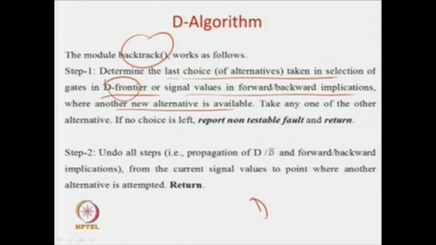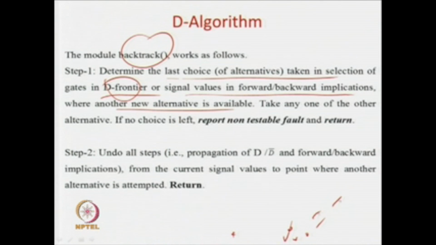For example, if it is an OR gate and you want a 1, it can be x1 or 1x. Similarly, for an AND gate, if you want the answer to be 0, it can be x0 or 0x. So there are two choices available. If you tried this one, now you can try the other one. So, try out, undo.